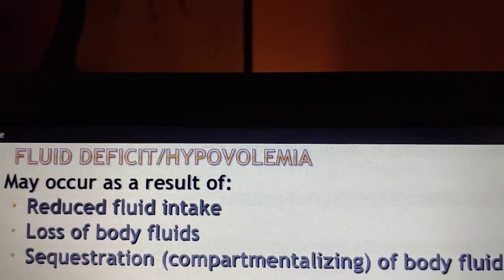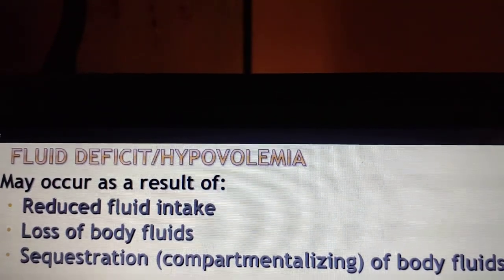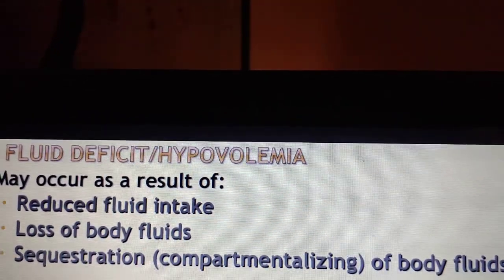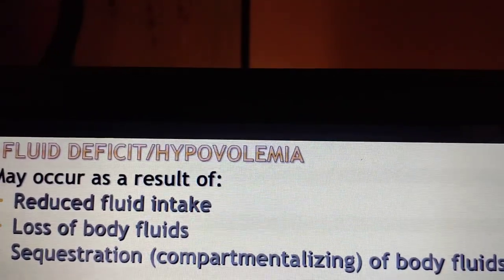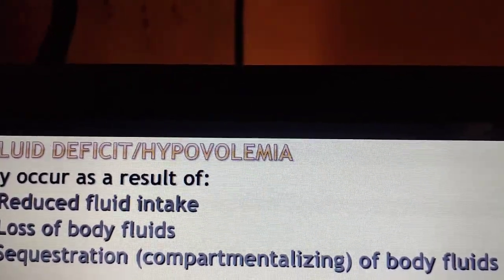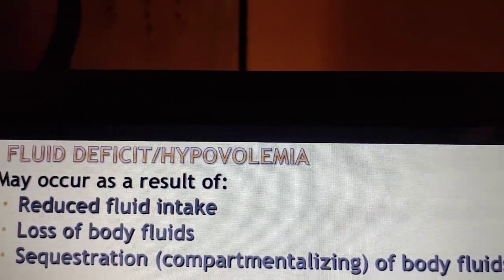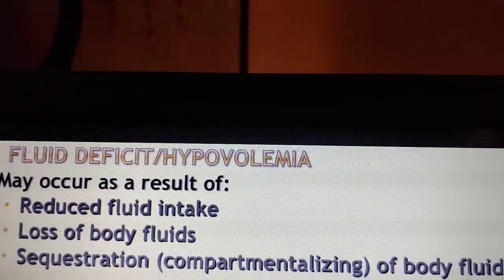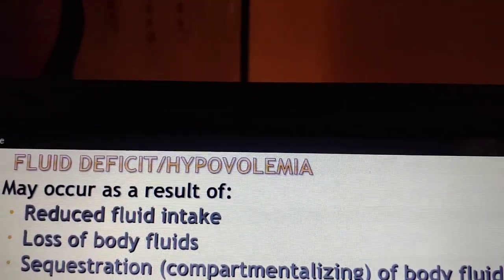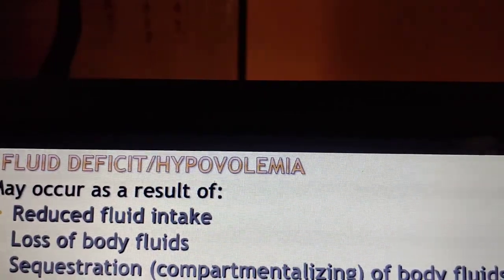Okay, what do you mean by hypovolemia? Hypovolemia may occur as a result of reduced fluid intake, loss of body fluid, or sequestration, or we can say compartmentalization of the body fluid. Means there is reduced fluid intake or loss of body fluid, and that condition leads to the state of hypovolemia.